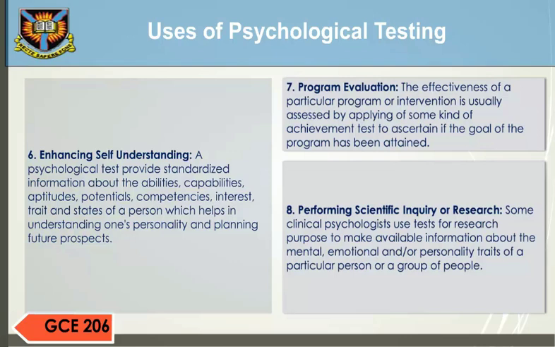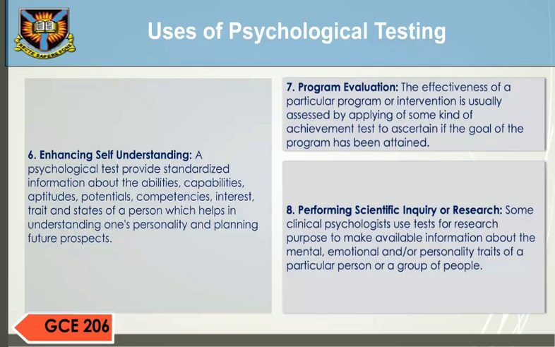6. Enhancing self-understanding. A psychological test provides standardized information about the abilities, capabilities, aptitudes, potentials, competences, interests, traits, and states of a person, which helps in understanding one's personality and planning future prospects. 7. Program evaluation.